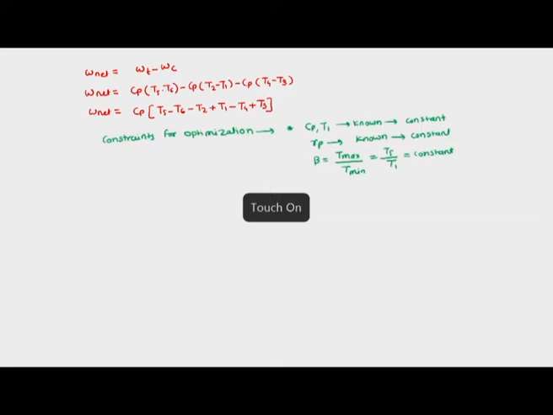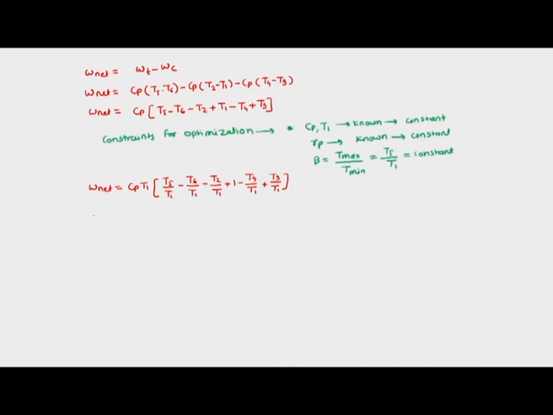So here we will get W net equal to Cp, we can take T1 common, then it becomes T5 by T1 minus T6 by T1 minus T2 by T1 plus 1 minus T4 by T1 plus T3 by T1.